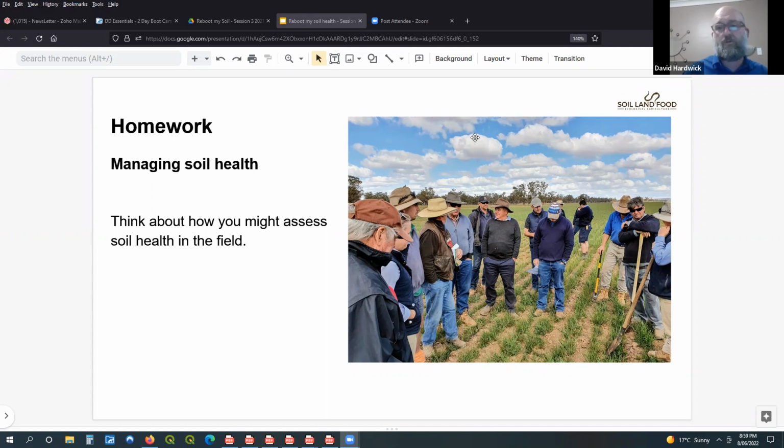Sodic soils have very little structural integrity when they lose their organic matter. So they're very problematic, and it's very hard for a lot of plants to grow as well. So that's highly sodic basically. Just sell the farm. No, I'm just kidding, Jen. There are things you can do, but it depends on the context.